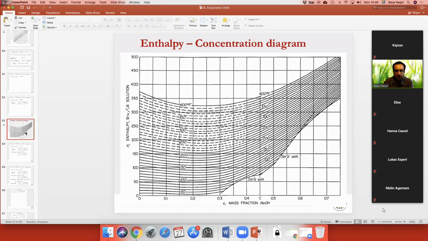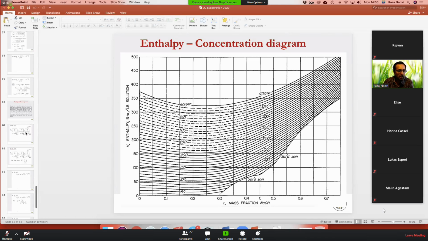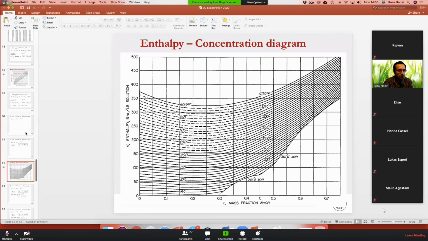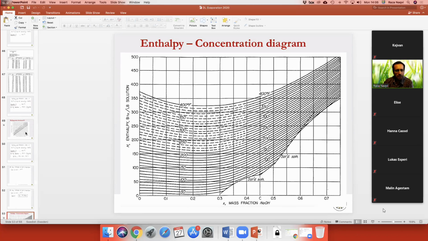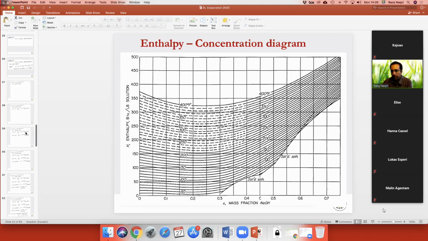We have discussed the enthalpy concentration diagrams. So I think we have already discussed those pictures that you are going to use in order to solve your problems. So I would like to ask if all of you have seen those videos regarding the problems, and if you have any questions, please ask at the moment.